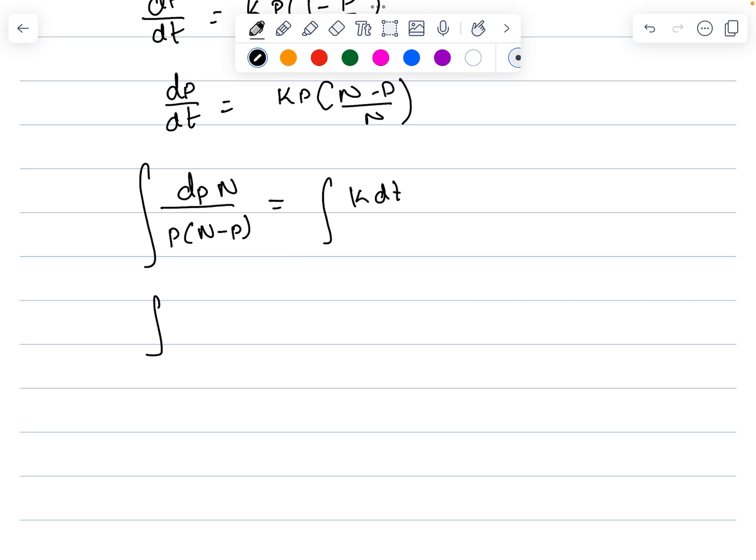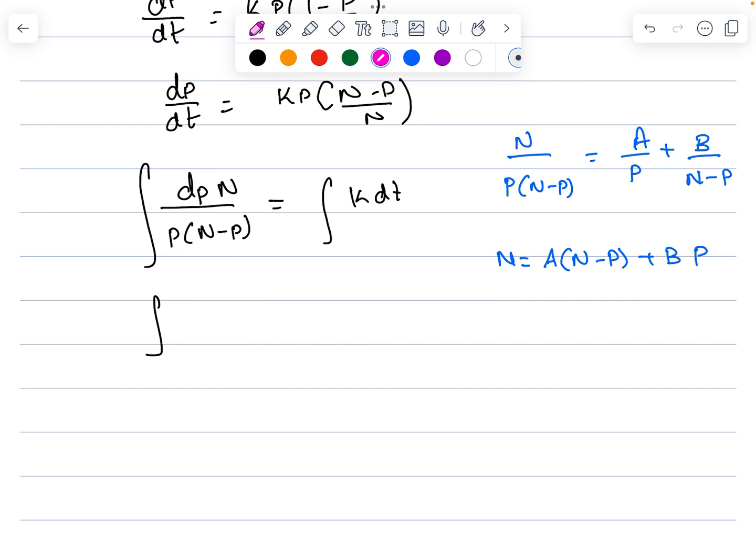I am writing now the partial fractions for this. N upon P(N - P) can be written as A/P + B/(N - P), with the 1 upon N factor handled separately. So N should be equal to A(N - P) + BP.